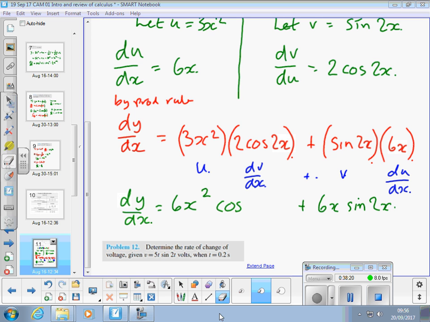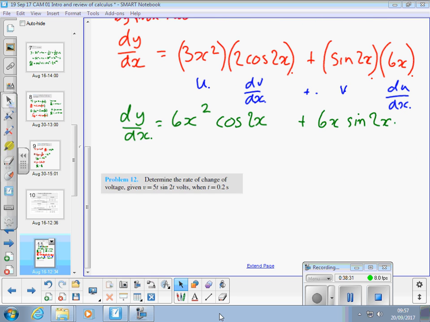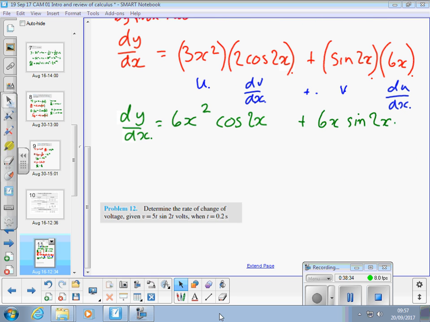My little mistake. Yes, you can take 6x outside brackets.